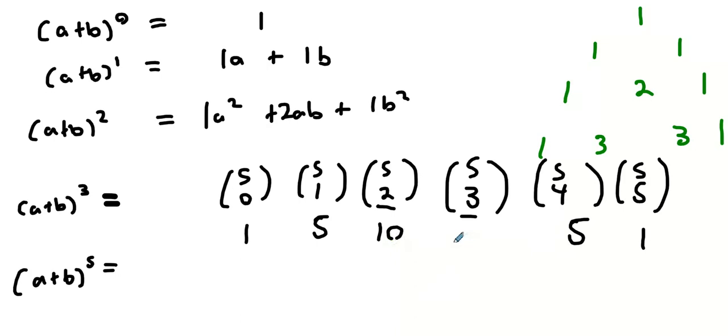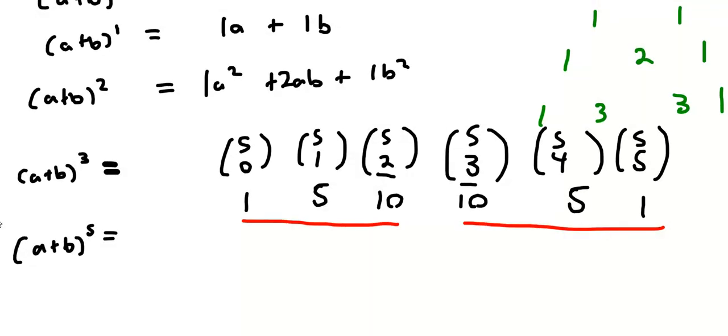Ten, and 5C3 will also be 10. There's symmetry in the binomial term. What do I mean by symmetry? See 1, 5, 10? 10, 5, 1. Everybody cool with that? All right.